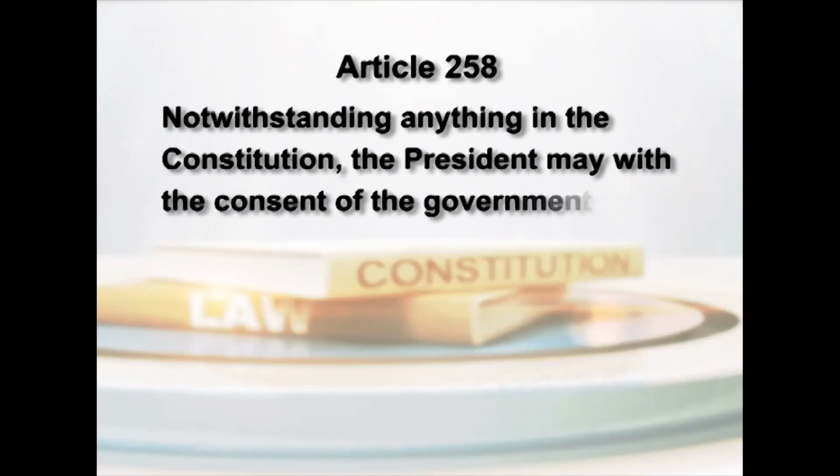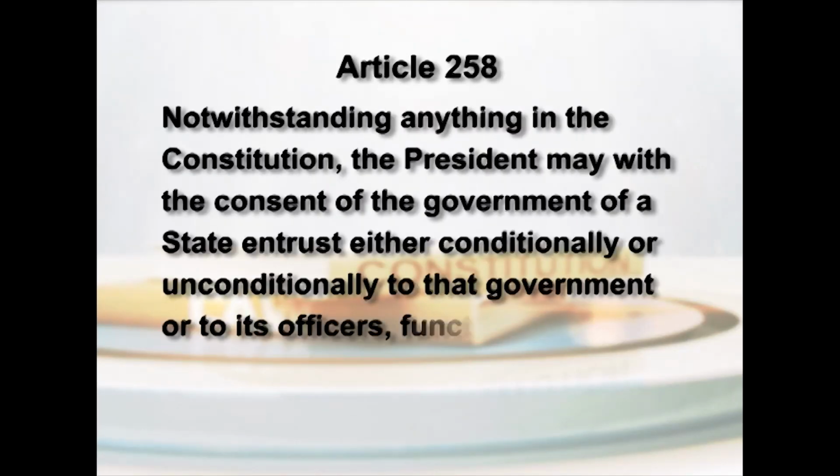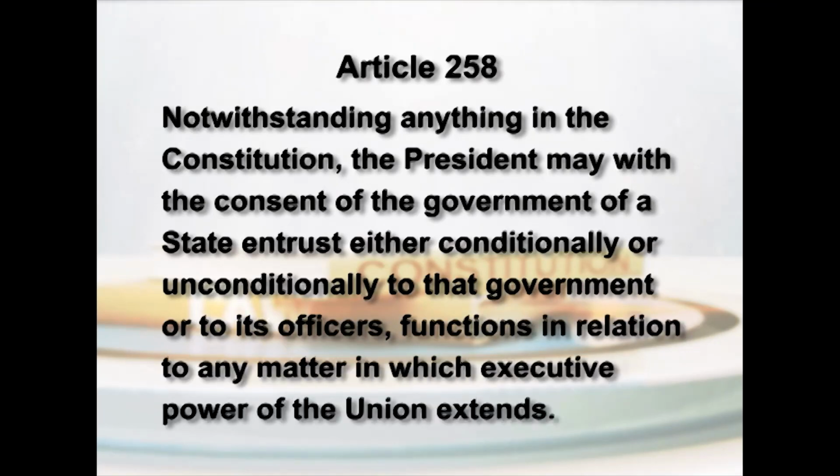Notwithstanding anything in this Constitution, the President may, with the consent of the government of a state, entrust either conditionally or unconditionally to that government or to its officers functions in relation to any matter in which the executive power of the Union extends.